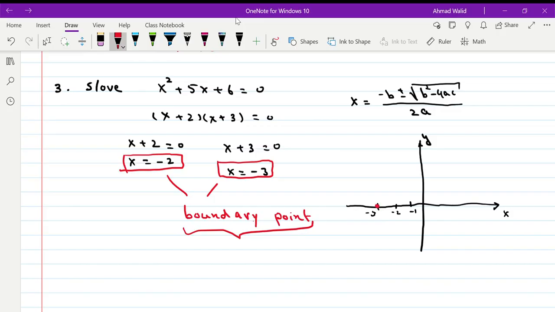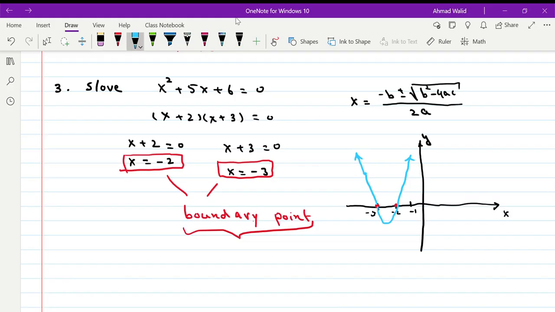One of them is at negative 3, and the other one is at negative 2. I don't want to graph this parabola exactly, but I know this parabola crosses the x-axis and goes back up like this.